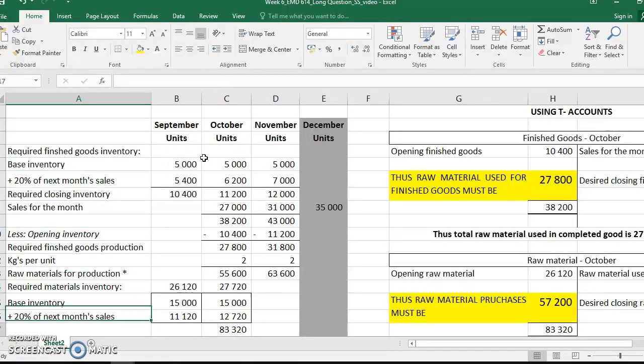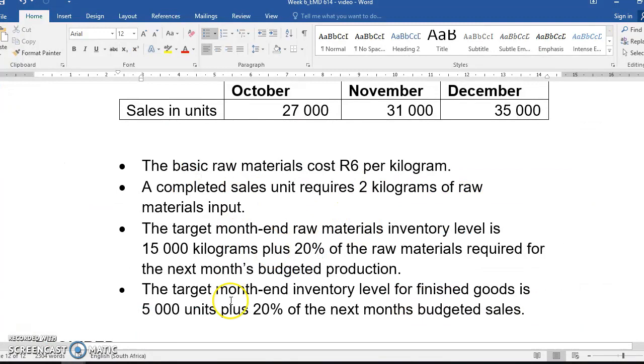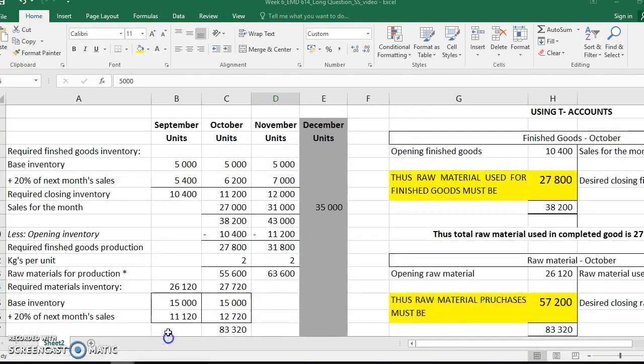First things first, if we just take the table approach, and I'll go to the T account approach. So finished goods first. We first need to know how much finished goods we need to match the sales. The base inventory, the question told us we need 5,000 units of inventory in finished goods plus 20% of the next month's sales.